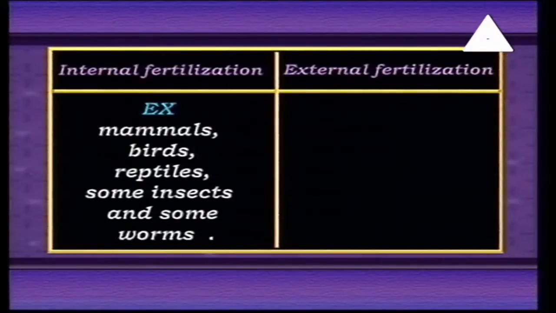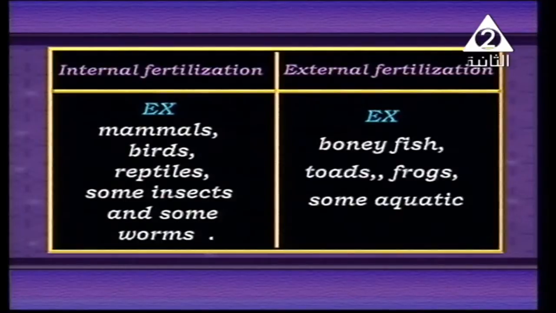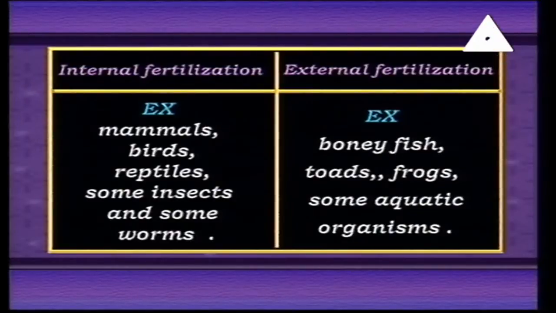Also, we have examples for internal fertilization like mammals, birds, reptiles, some types of insects, and also some worms. While external fertilization occurs in bony fish, I mean fish whose internal skeleton is made up of bones.